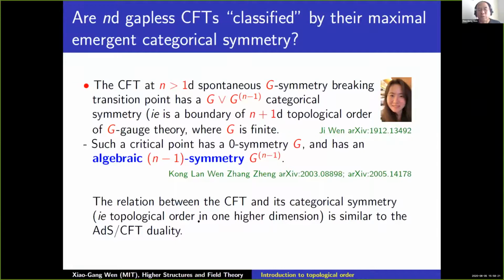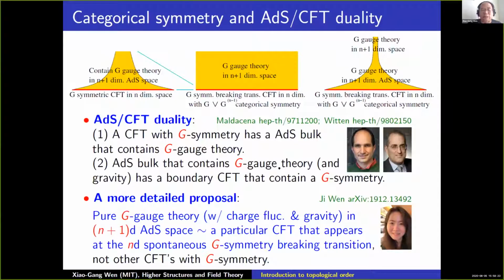So let's try to explore that connection. What's the relation between categorical symmetry, or non-invertible gravitational anomaly, and the AdS/CFT duality? In the AdS/CFT duality, we have the following two statements. If at the boundary we have a G symmetry, then the AdS bulk would contain a G-gauge theory.